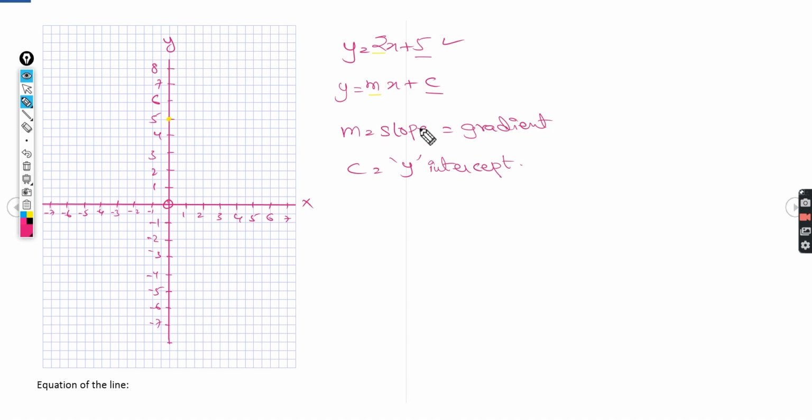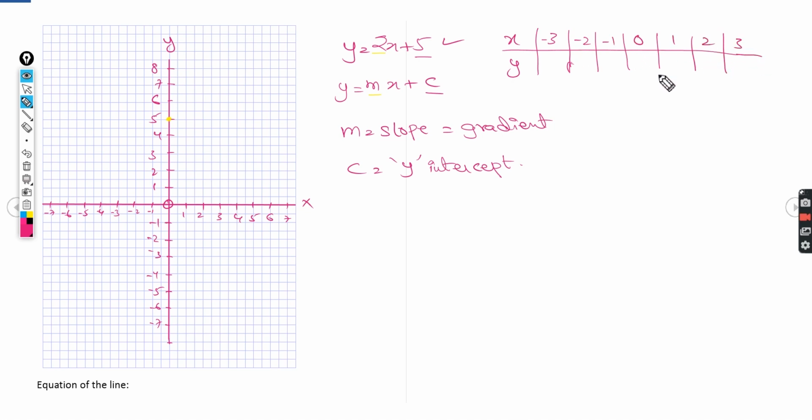So now what we'll do is we'll make a small table. This table will help us in figuring out our graph. On the table, these are x values, these are y values. We'll take some negative values, we'll take some positive values. Let's start with -3, -2, -1, 0, 1, 2 and 3.